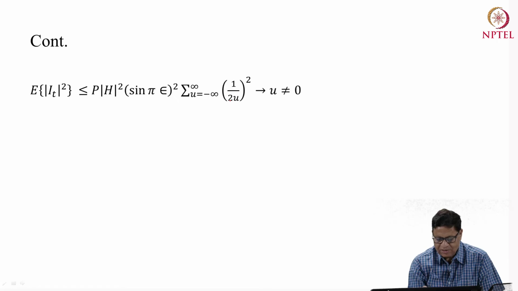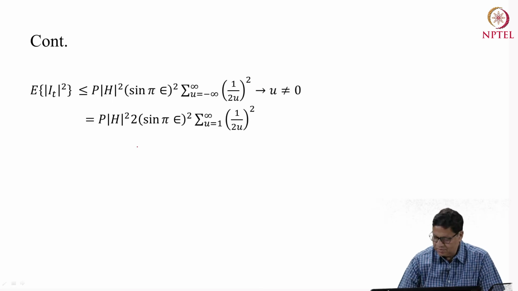I can take this 2 outside, and there is a standard expression for the summation from minus infinity to infinity of (1/u)², which is nothing but π²/6. I can also replace this with twice, because it is symmetrical. So this is twice the summation from u equal to 1 to infinity. The limits I have changed.